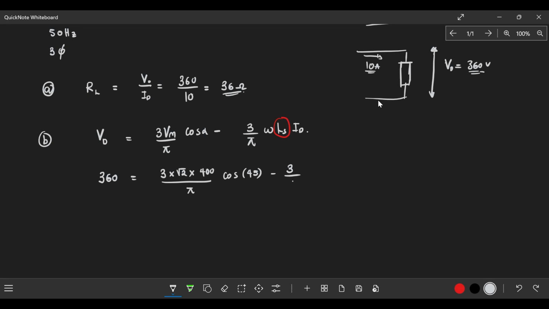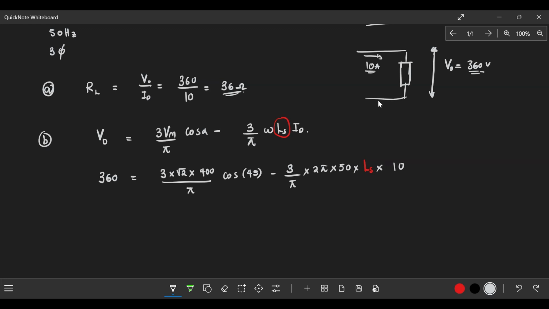Then 3 over pi, omega is 2 pi times frequency, which is 50 hertz, times LS, the missing variable, and then times 10 amps. Let us quickly find that.